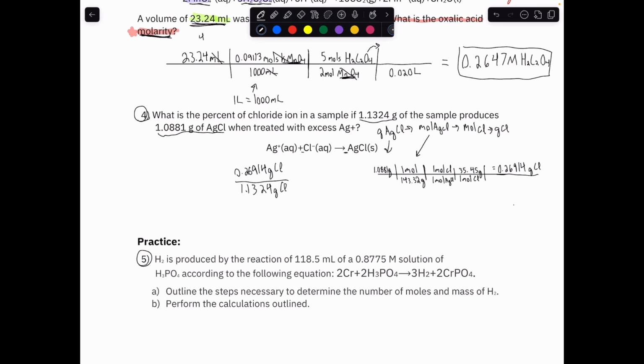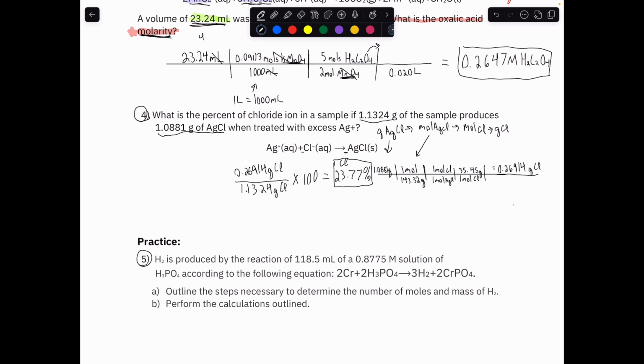Multiply that by 100 to get our percent. And so what we would get would be approximately 23.77% of chlorine. And that would be our answer.